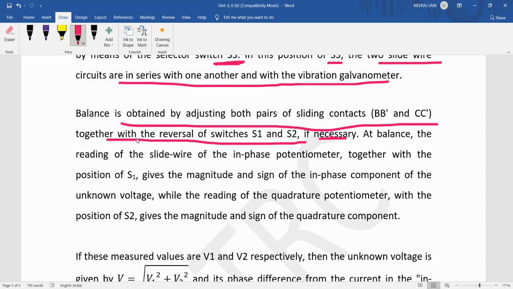At balance, the reading of the in-phase potentiometer and the reading of the quadrature potentiometer are noted, that is V1 and V2.